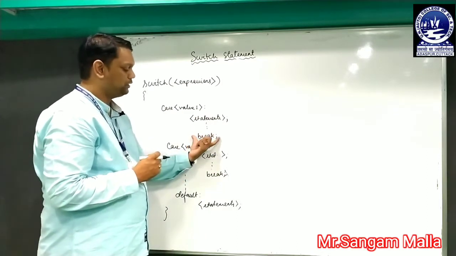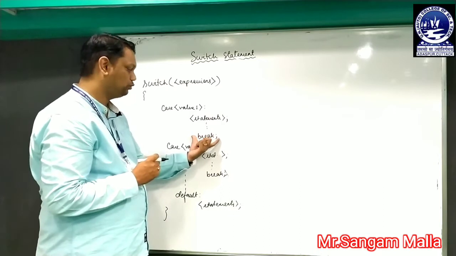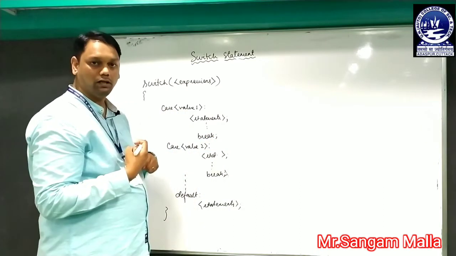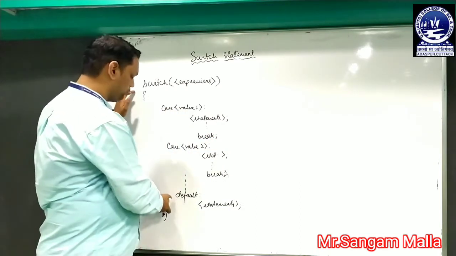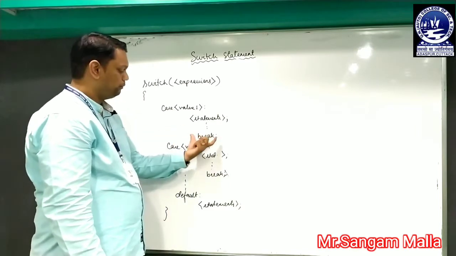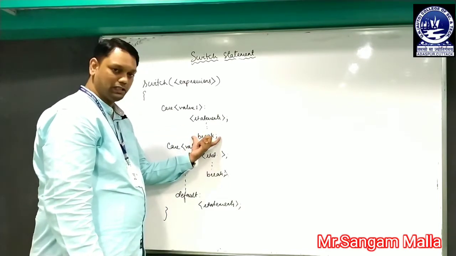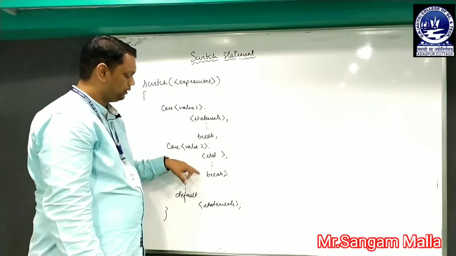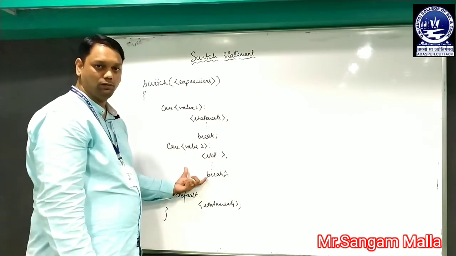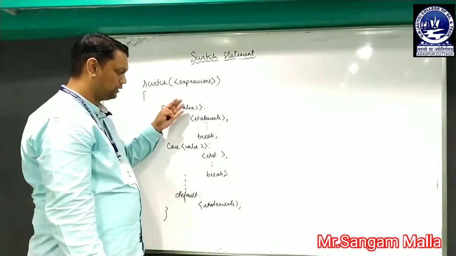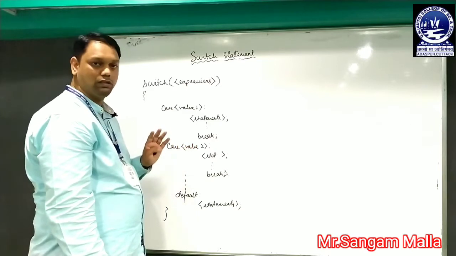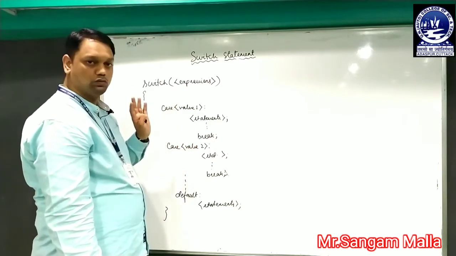The break statement is a special statement which is used to come out from a particular block. If we are not using the break statement, it will automatically enter the next case value. These are some problems or criteria which we have to look at in the switch statement.